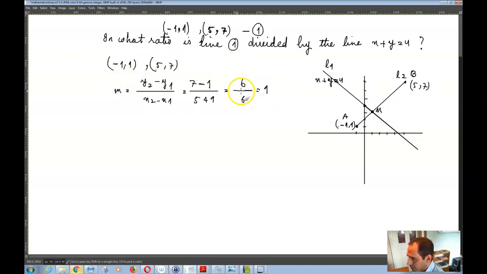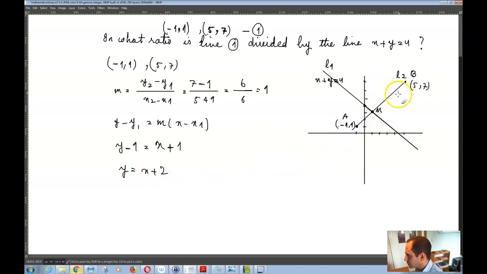Now I can write y minus y1 is equal to m times x minus x1. Taking this point, y minus 1 is equal to 1 times x plus 1, so y is equal to x plus 2. That is the equation of this line.